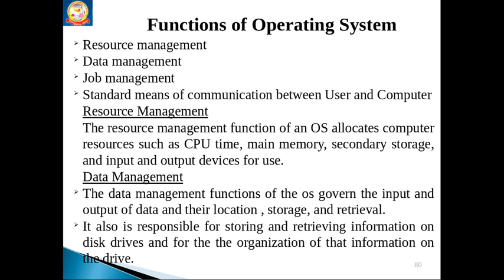Under resource management, the OS allocates computer resources such as CPU, main memory, secondary storage and all input devices for use. Data management: where to keep the data, what is the location, how can we retrieve that data, all these things are managed under data management.